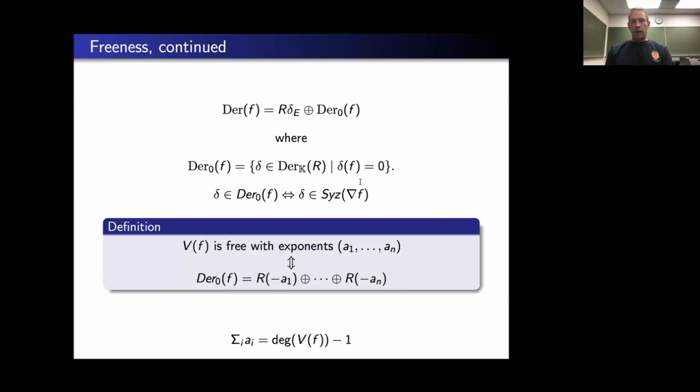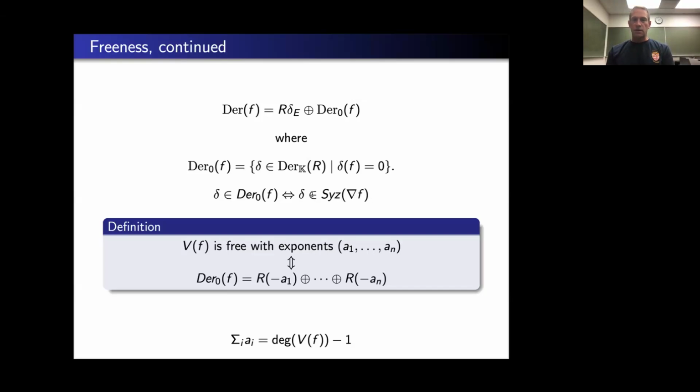And this is a familiar object to those of us who work in commutative algebra, computational commutative algebra and combinatorics. It's simply the syzygies on the Jacobian ideal. If you think about it, what's a syzygy on the Jacobian ideal? Well, the Jacobian ideal is exactly partial f partial x0 up through partial f partial xn.